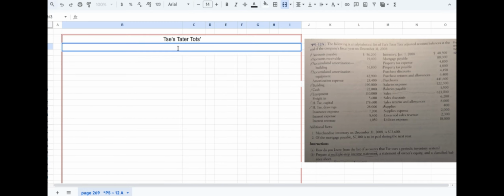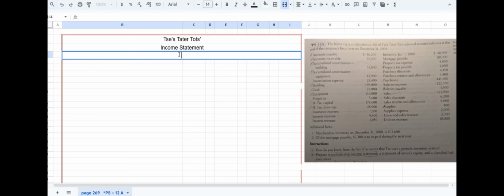Second row is what it is, which is an income statement. Third row is for the year ending, and in the question it says adjusted account balances at the end of the company's fiscal year on December 31, 2008. So that means the year ending is December 31, 2008.